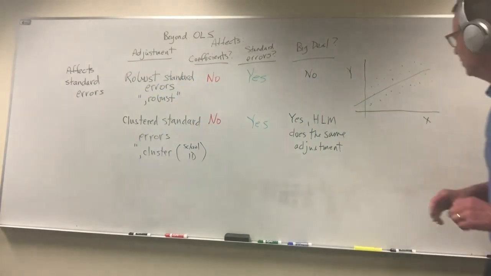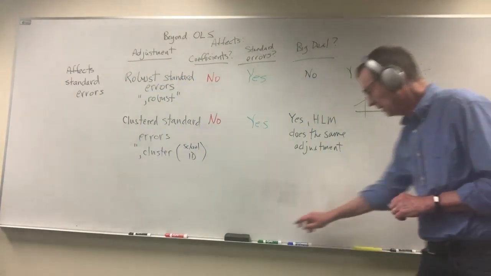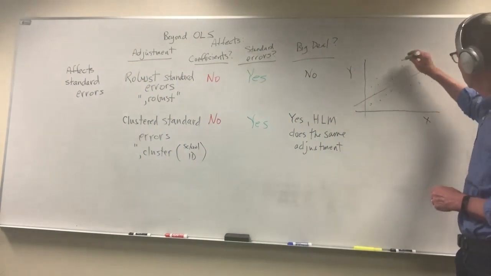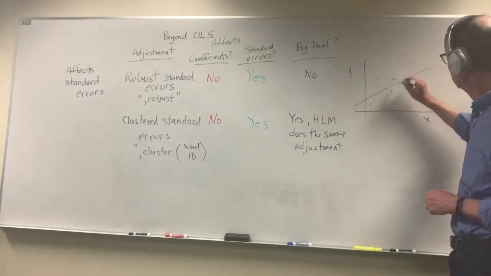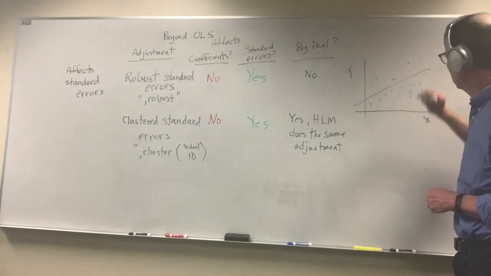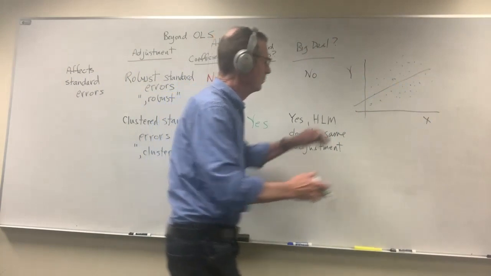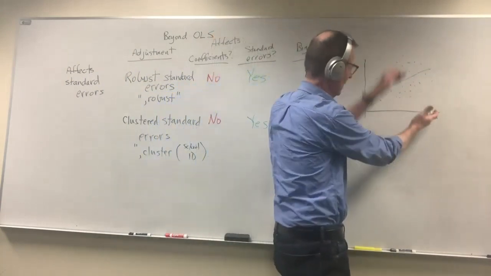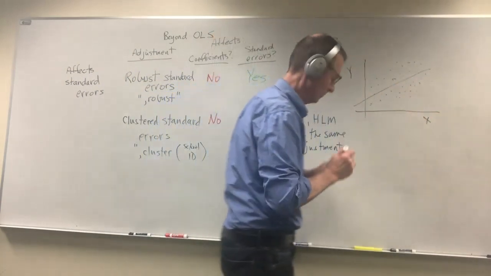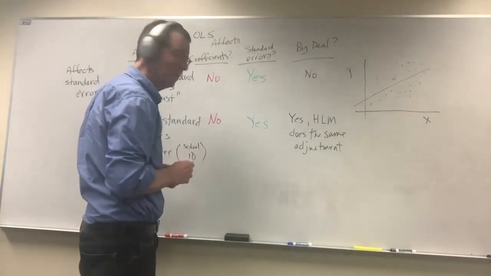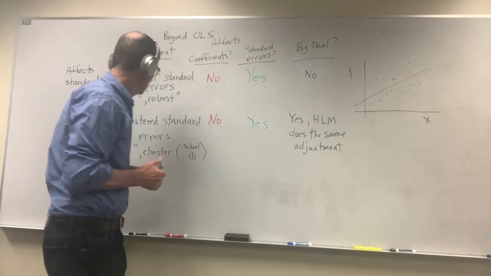So heteroscedasticity would be a case where there was a portion of this X distribution where the variance of the observations was much larger at certain portions of X than others. So how do we deal with this? Well, it turns out there's a very simple way to deal with it.